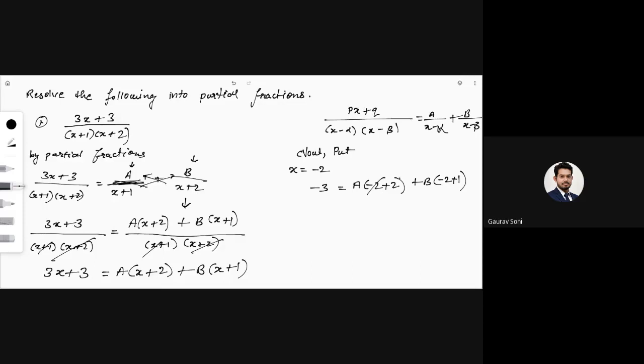So this will get cancelled out, the answer is 0, 0 into a is 0. So minus 3 is equal to a into 0 plus b into minus 1. So the value of b is equal to 3.